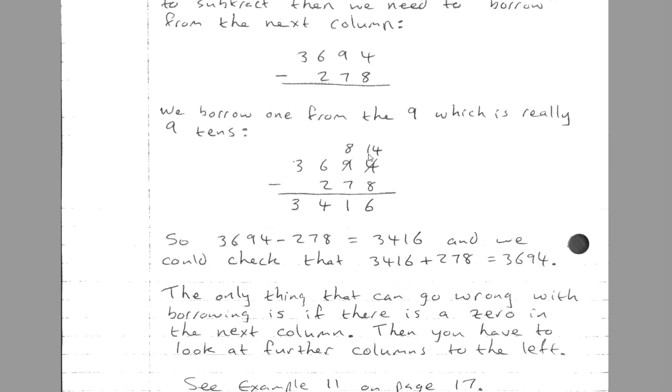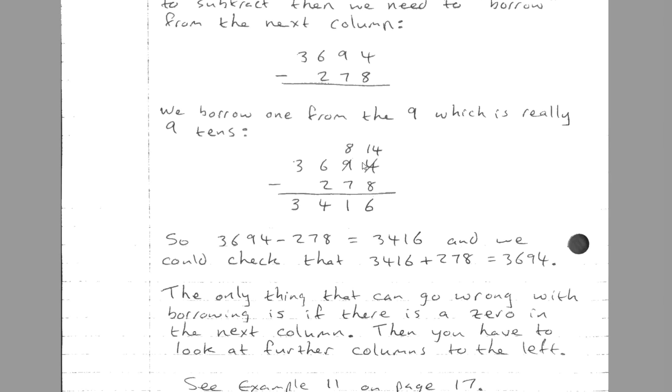So that 10 plus the 4 is 14. All right, so we haven't changed the top number. We're just replacing 94 with 80 plus 14. So we borrowed a 1 from the 9 to make this 4 a 14.